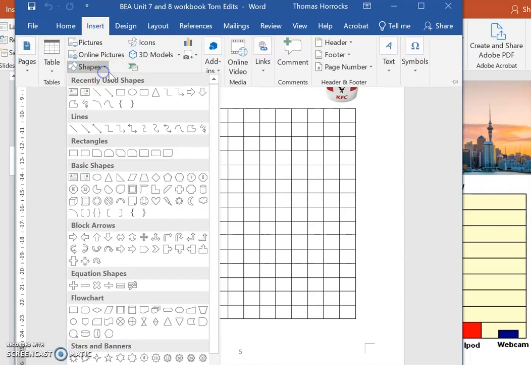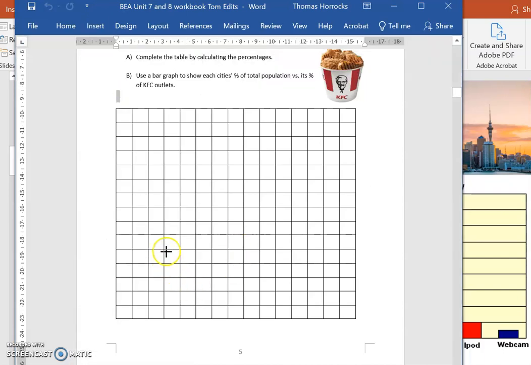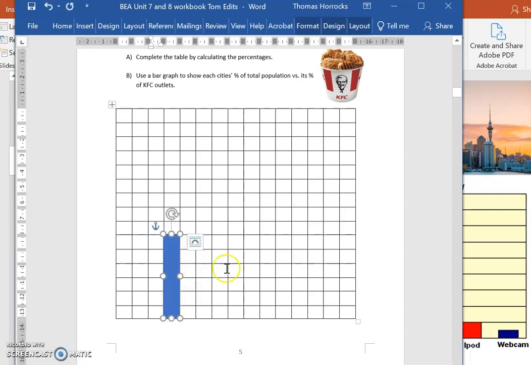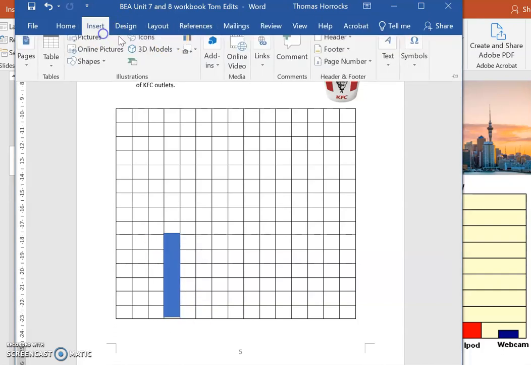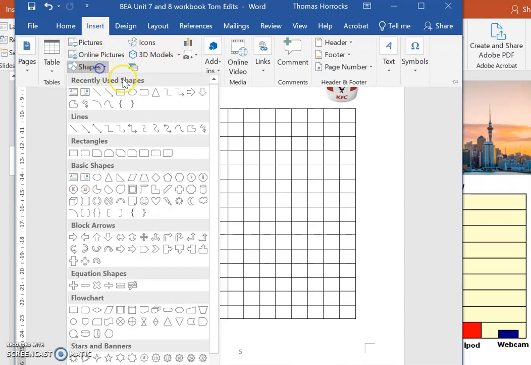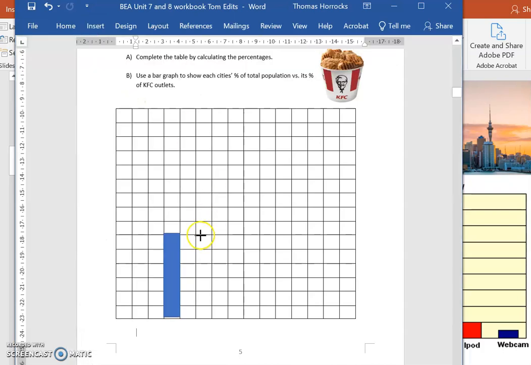Here we go. Shapes. So you are able to do shapes such as this. So inserting. Cool. So you will be able to insert bars, guys, to replicate as if you're writing this in person here.